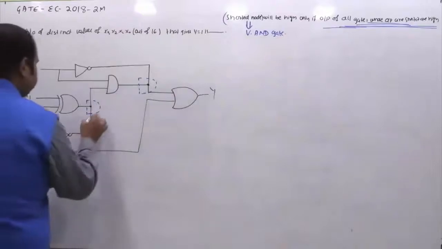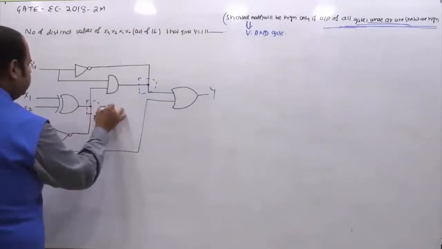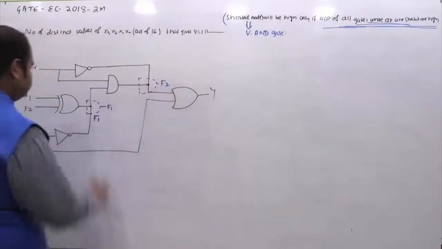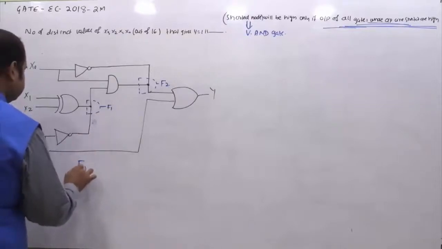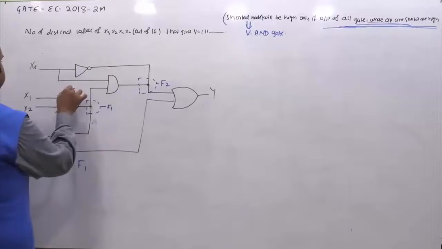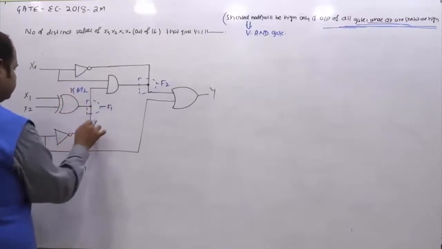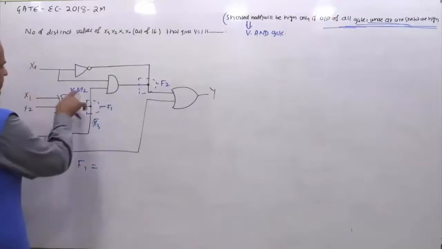So let's name the output of this NAND gate F1, and similarly the output of this NAND gate F2. What is F1? What is the output of this XOR gate? It is X1 XOR X2, and this is X3 bar. So F1 is nothing but the AND combination of this and this.